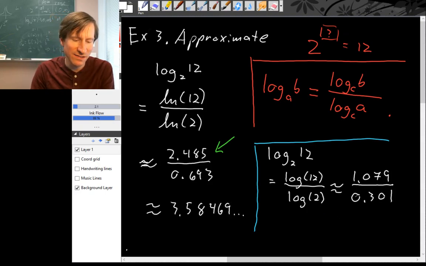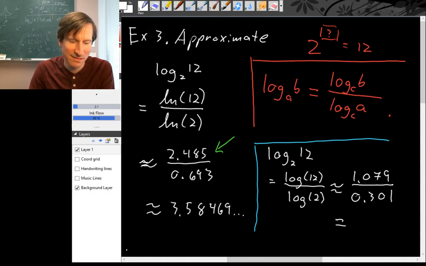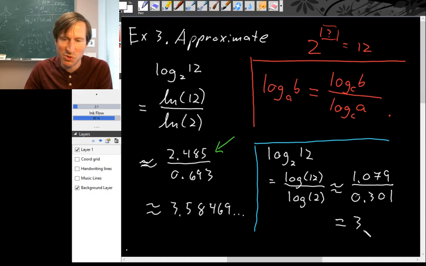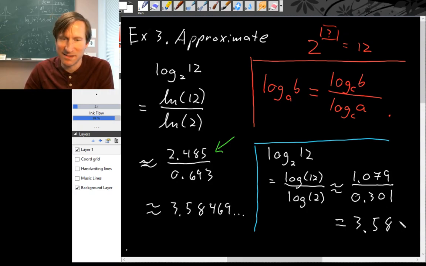But when you divide these, so common log of 12 divided by common log of 2, when you take the quotient, what you get is 3.58496 and change. I think I must have transposed these two digits right here.